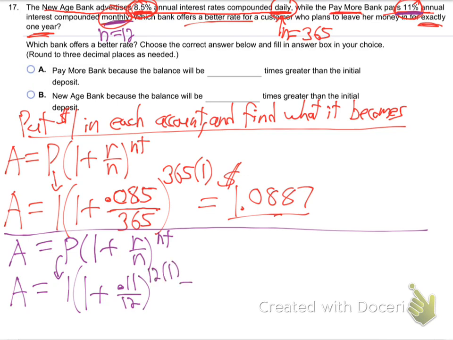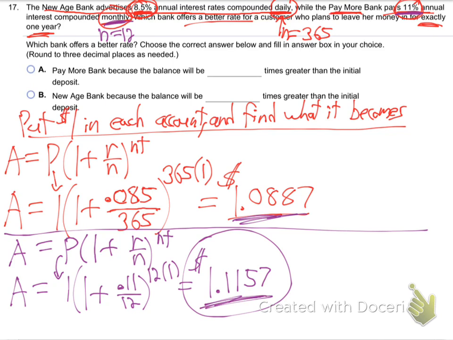And the time is 1 year again. So put that in. I'm getting 1.1157. So that's better, isn't it? My $1, after 1 year, becomes $1.11. It'd really be almost $1.12. And in the other account, my dollar only became $1.08. So this is the better account.